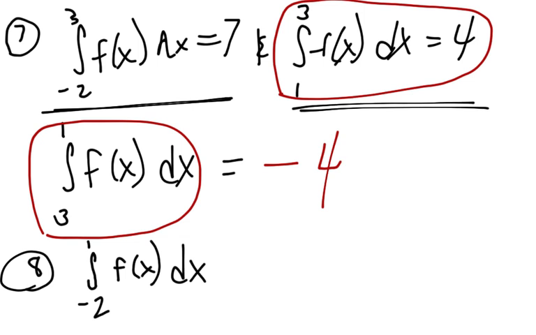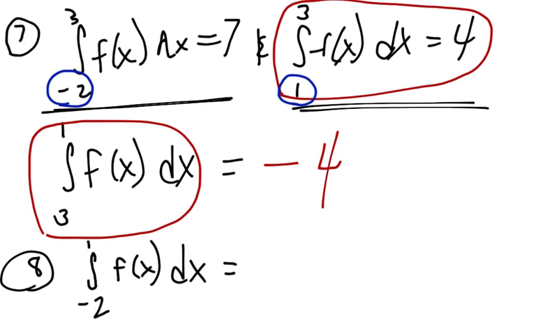Now, we don't have a -2 to 1, but I do see a -2 down here and a 1 down here. So we can use this to help us write a sum of two integrals that will calculate this one using the additive interval property.